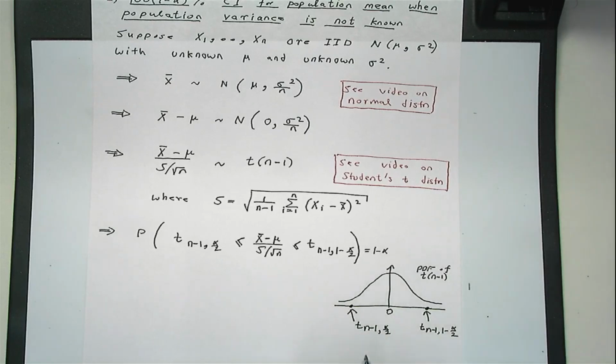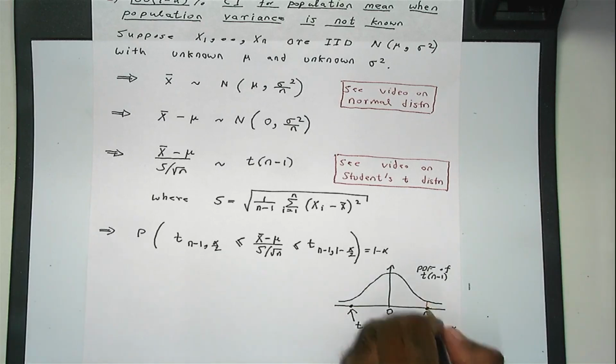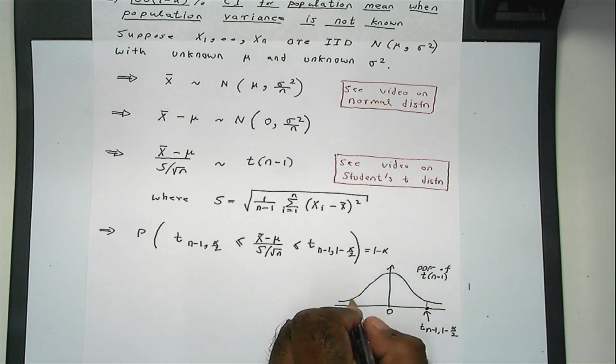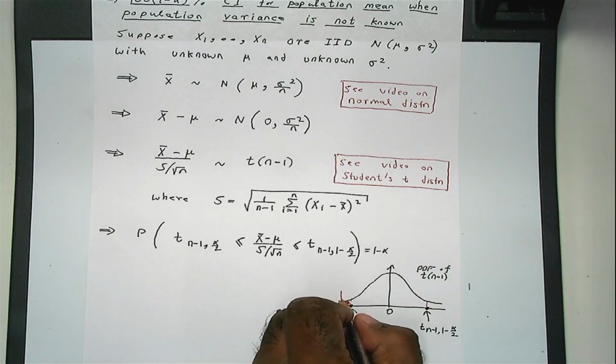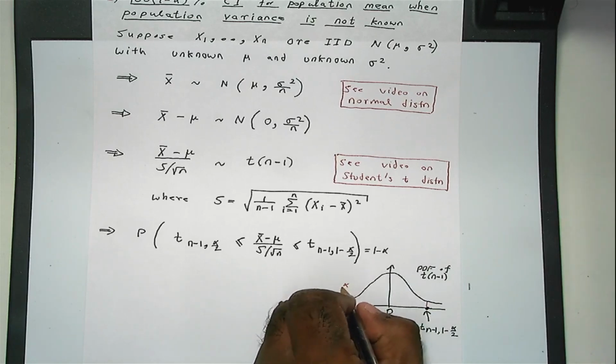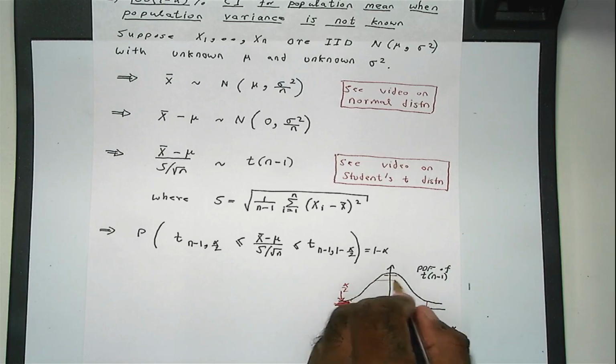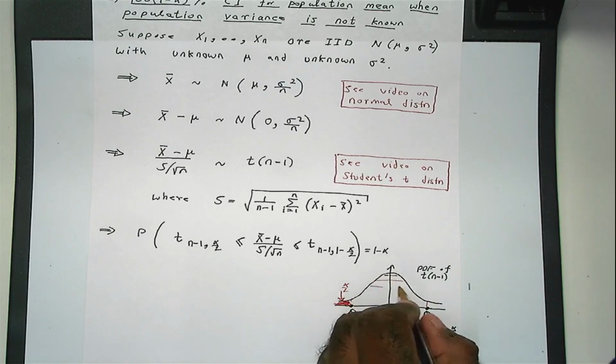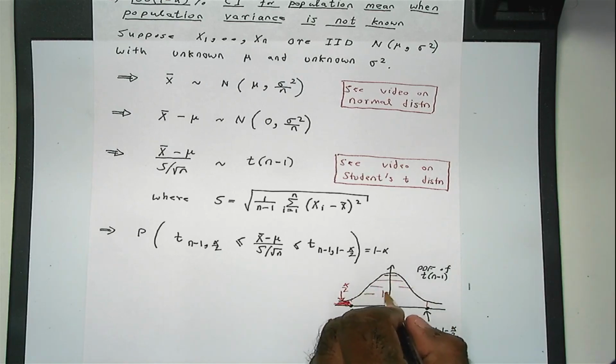So this point here must have an area of 1 minus alpha by 2 to the left, and this has an area of alpha by 2 to the left. So this area is alpha by 2. The area in between the 2 points must be 1 minus alpha.